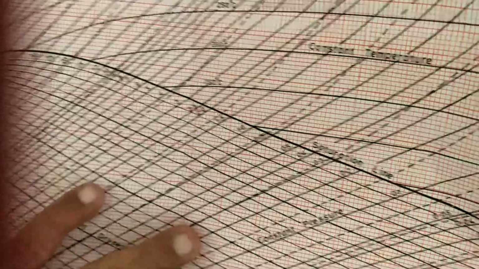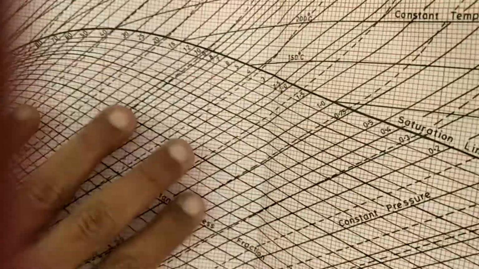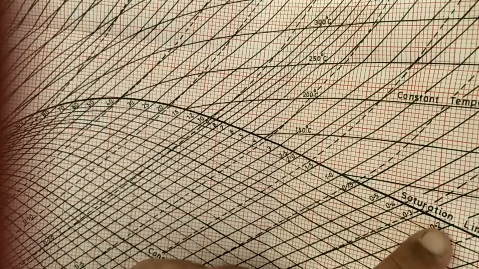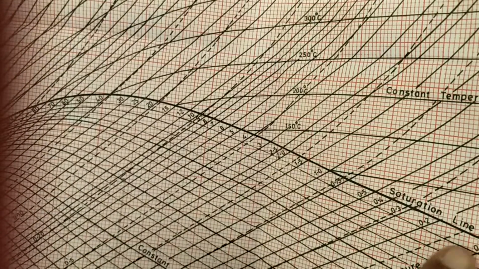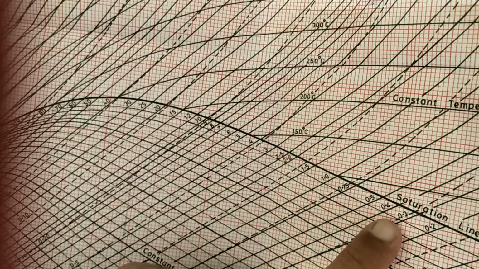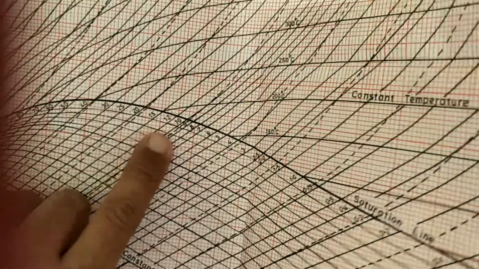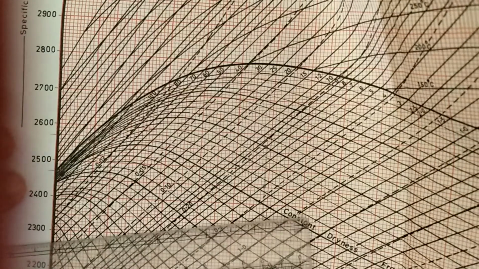Here the condition of the steam is 10 atmospheric pressure. On this dry saturated line, the pressure values are indicated here: 0.1, 0.2, 0.3, 0.45. Similarly, you can see 10 at 10 bar. Now you can see it properly.